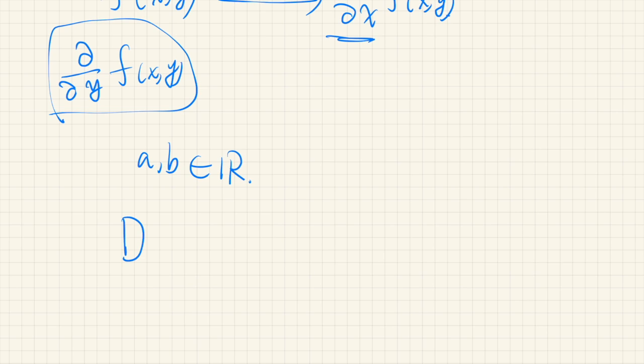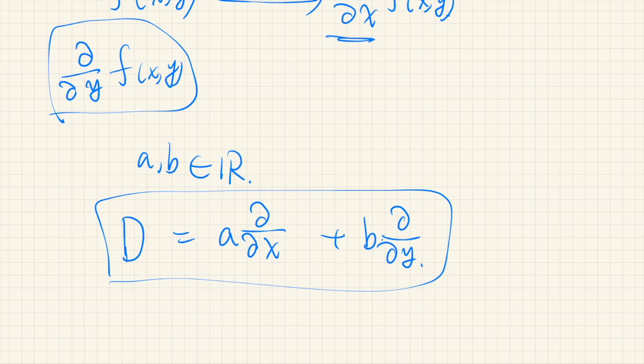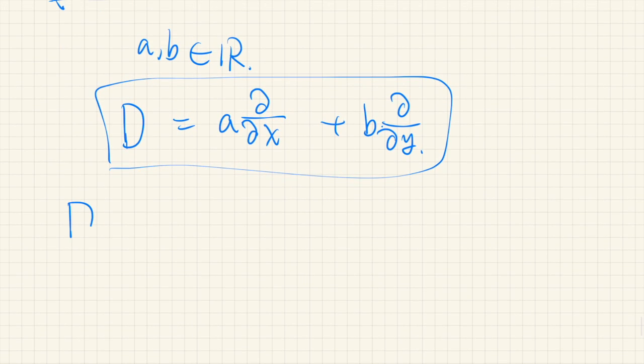Then we introduce a new operator called d, that is a times the differential operator with respect to x, and b times the differential operator with respect to y. So this is a new differential operator. If we apply this d to a function, for example f of x and y, then what we have is this.